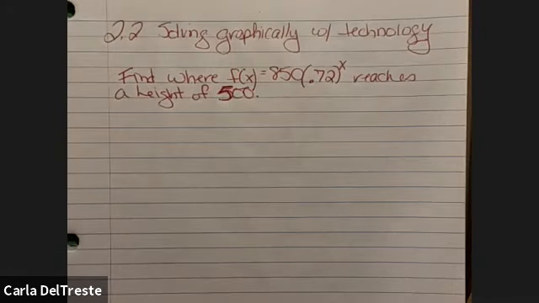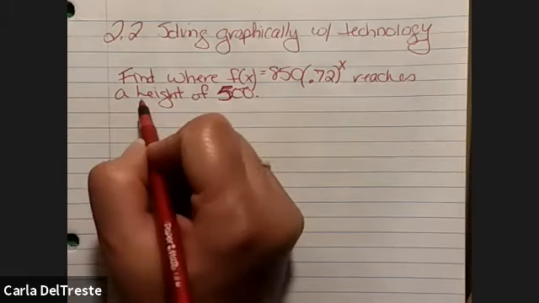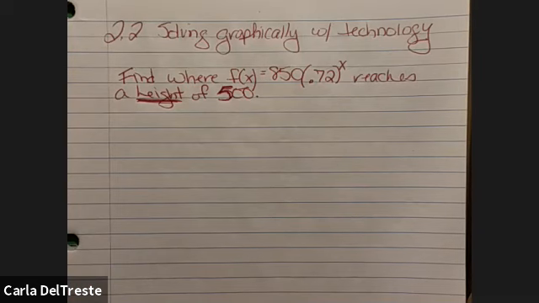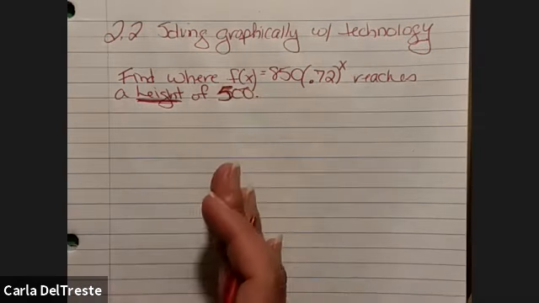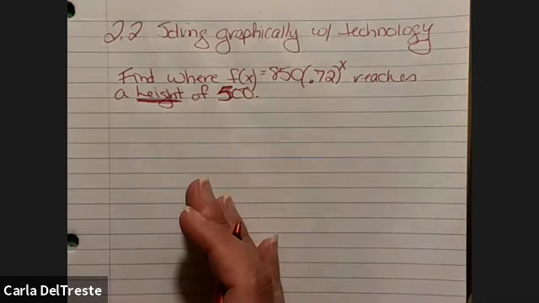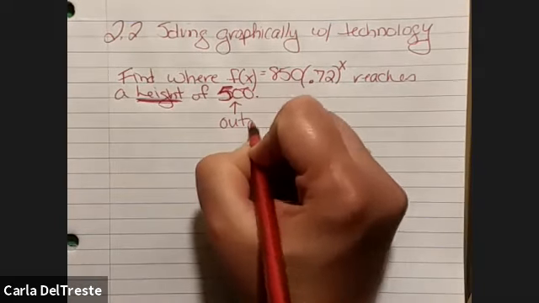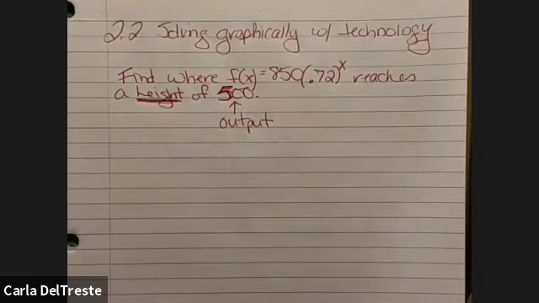Okay. The key word that you should be zooming in on is height. Height is the vertical direction, or in other words, they're giving you an output value. So now you know that the 500 is an output. It is a y value.